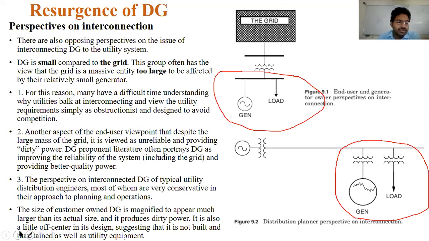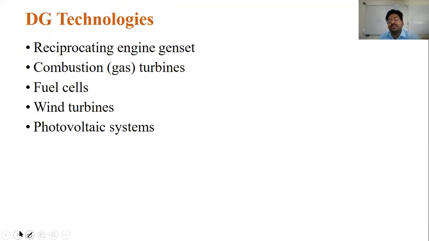Now, in today's class we will see the DG technologies, meaning the different types of DGs we are going to discuss. The textbook gives the name DG technology, but the suitable name is the different types of distributed generation sets.